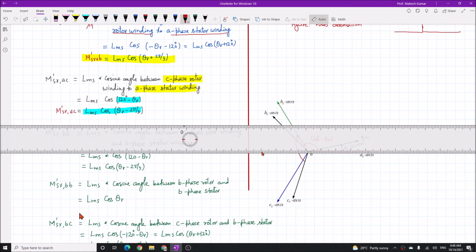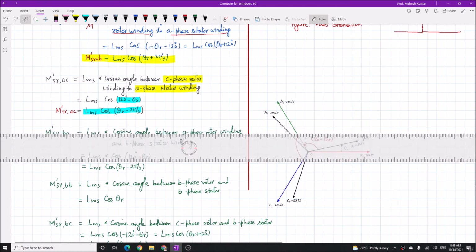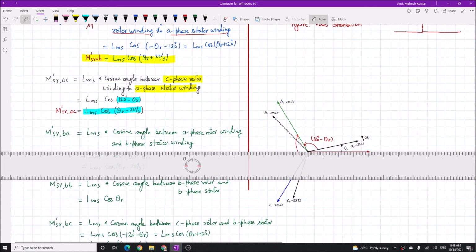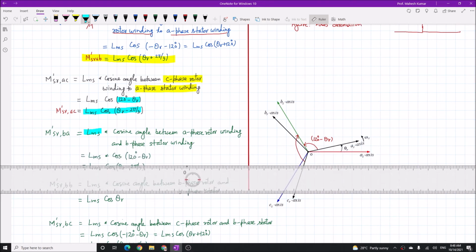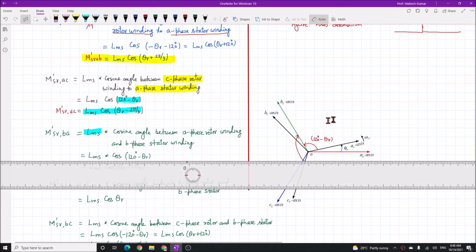Likewise, we can compute the other parameters. For example, what is MSR-BA? MSR-BA is LMS, the main mutual inductance, into cosine angle between A phase rotor to B phase stator. And that angle is nothing but 120 minus theta r. You can see from here, this is the 120 minus theta r.